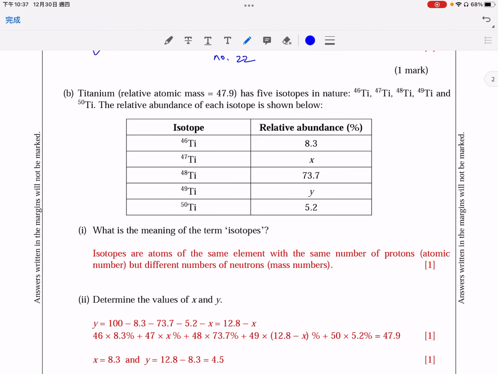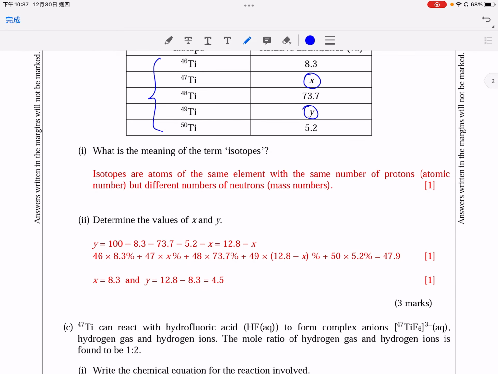In part B, you are given the relative atomic mass of titanium, and there are 5 isotopes. It seems that there are 2 unknown relative abundances. Actually, they are related because the sum is 100.